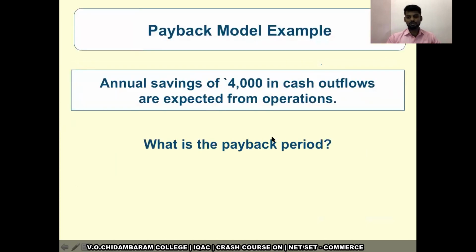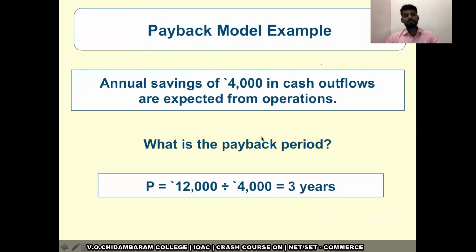So 12,000 divided by 4,000 annual savings of cash flows, which means for 4 years you're going to get 4,000 rupees as your cash outlay. 4,000, 4,000, 4,000, the same even cash flows throughout the year. So 12,000 divided gives 3 years. What does it really mean, sir? It just means you're going to get your initial investment back at the end of the third year. Simple as that. For even cash flows, it is very easy.